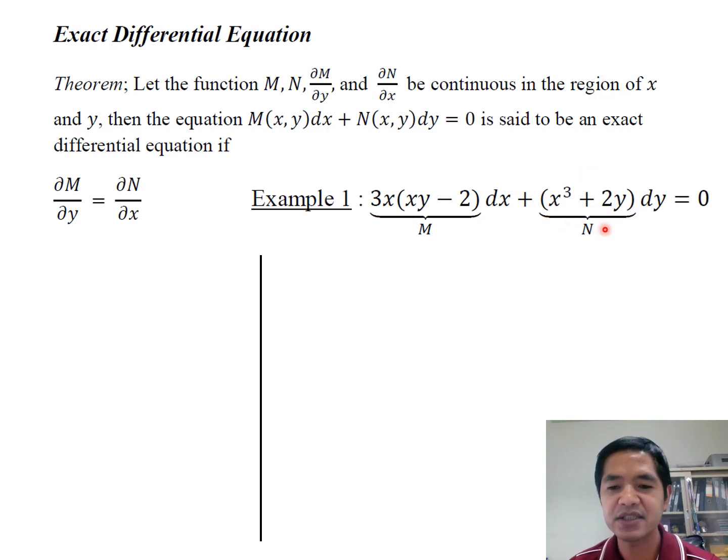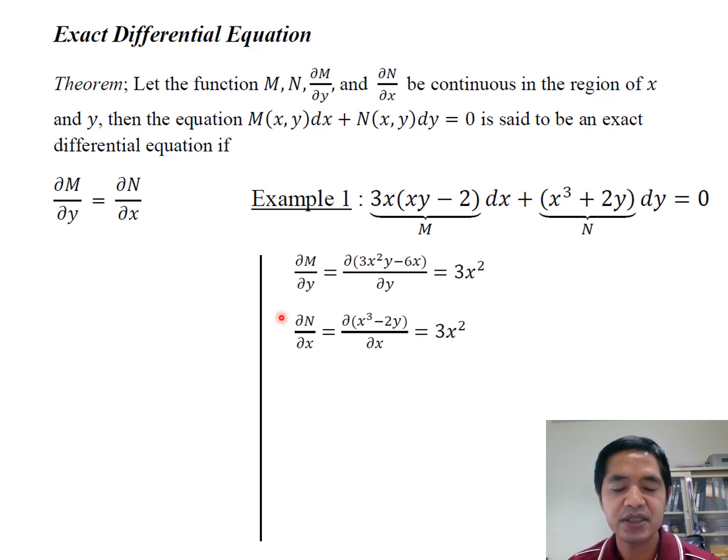This is the n function, equal to 0. So what do you do if you want to prove that this is an exact differential equation? You take the partial derivative of the dx term with respect to y, and the partial derivative of the dy term with respect to x, and see the results. If these two results are the same, then we can use the exact differential equation to solve the problem.